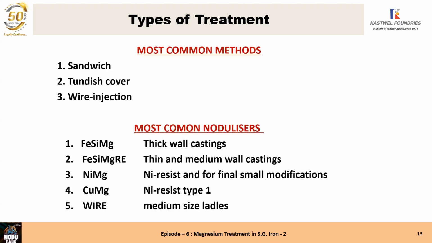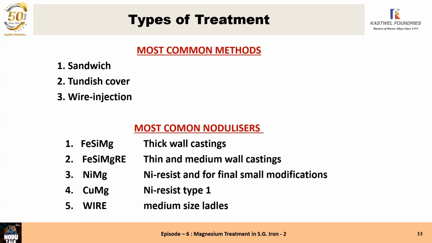Types of treatment: the three most common are the sandwich, which is mostly used, the tundish cover, which is better and also very much used, and the wire injection. The most common nodulisers are ferrosilicon magnesium, mainly for thick castings.